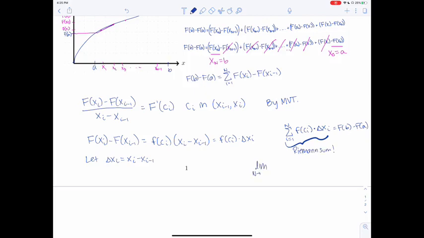So the limit as n approaches infinity of this Riemann sum, we know is just the integral from a to b of f prime of x with respect to x.